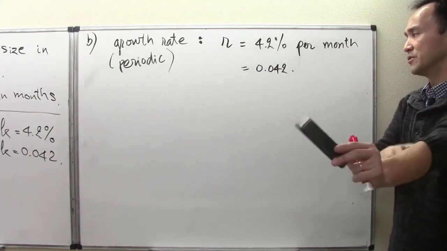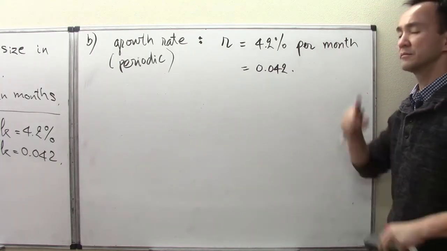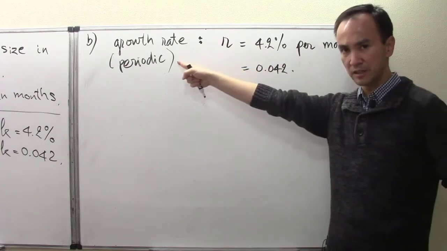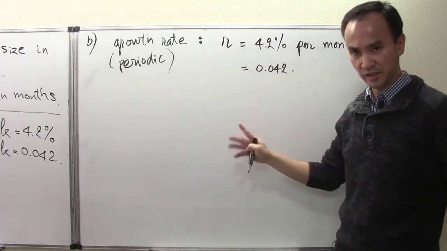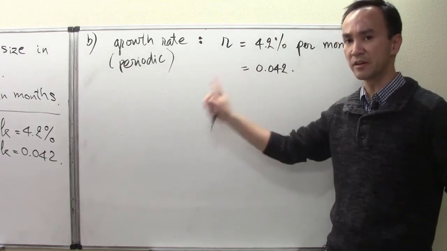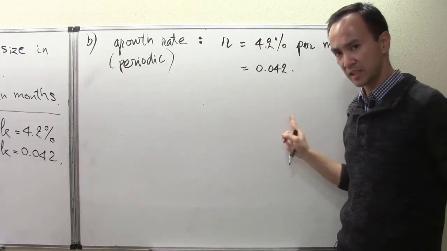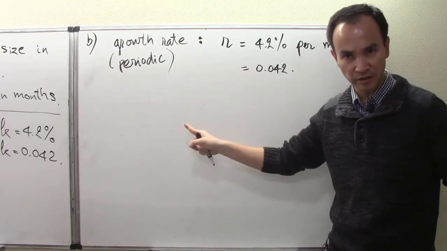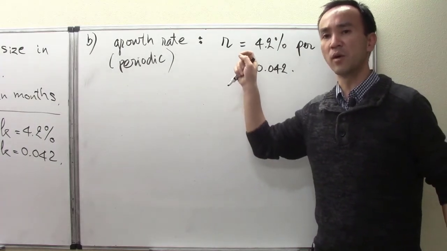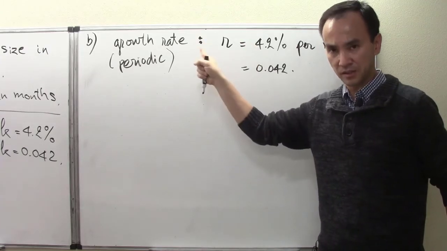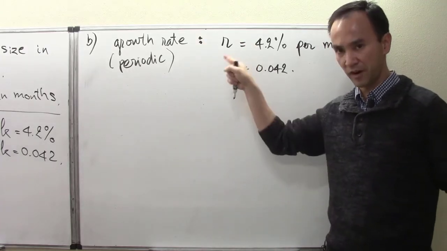In that way, clearly, it's a periodic growth rate. Among the two choices, the continuous growth model and the periodic growth model, the periodic growth model will be the one that's more directly suitable from this given information.